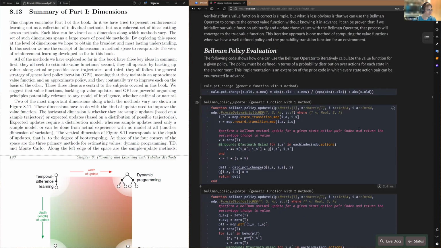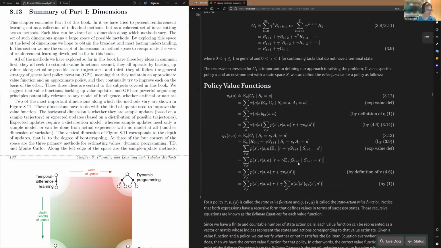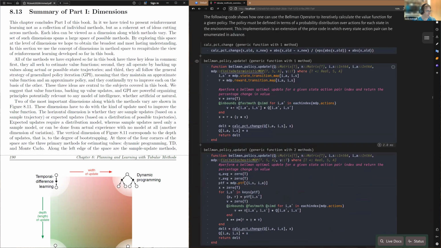So if you go back up here, if you have the Q function, this quantity here is equivalent to the value function at state S prime, but you have to sum over the policy probabilities to get it. And that's what's being done in here. You can always compute V from Q, so that's what's being done here.